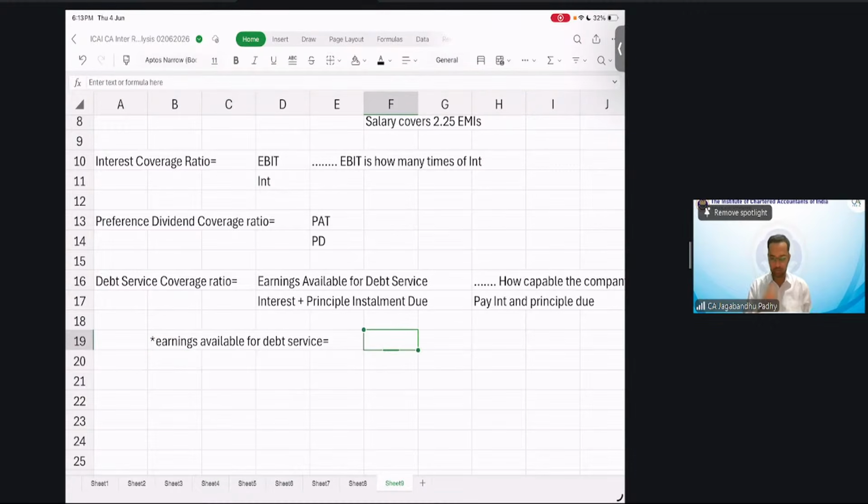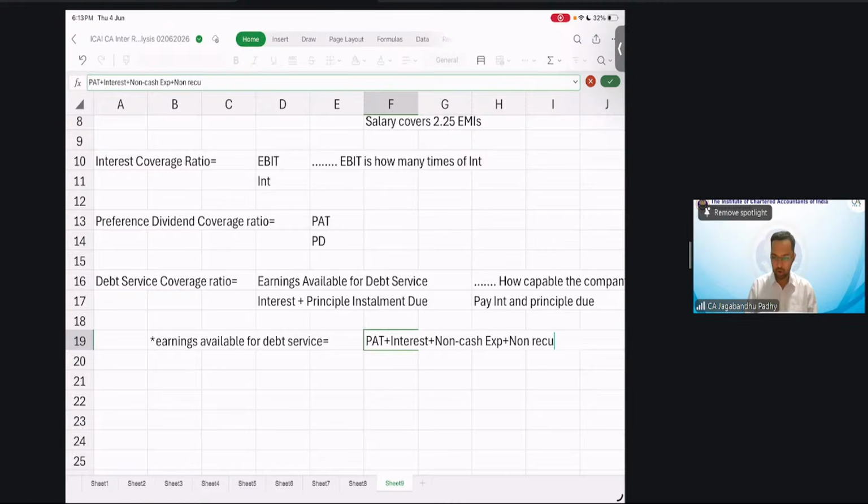Earnings available for debt service is calculated as profit after tax plus interest plus depreciation, or I can say plus all your non-cash expenses, plus non-recurring expense, and further minus non-recurring income.